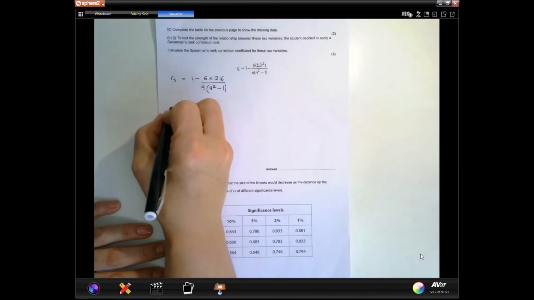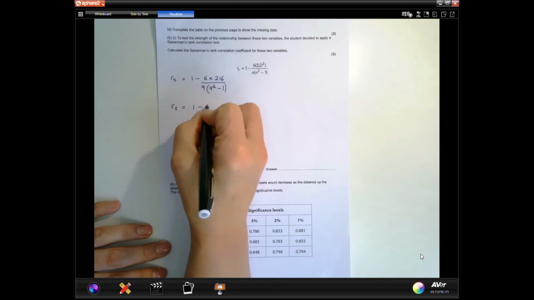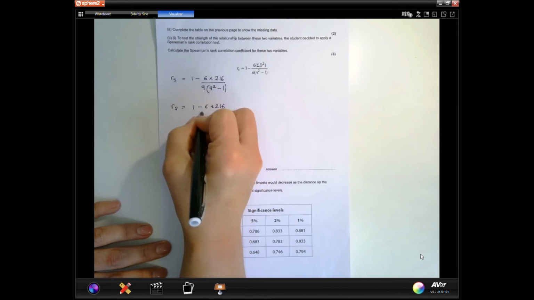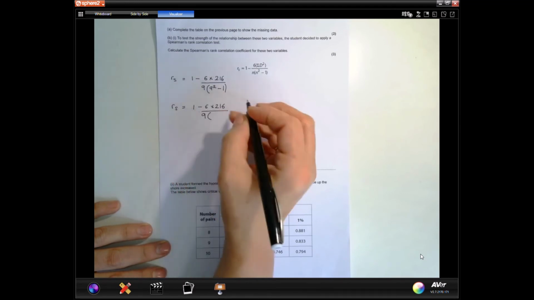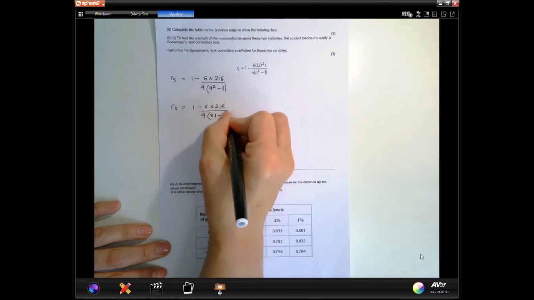Next step, RS equals 1 minus 6 times 216 divided by 9 times, 9 squared is 81, minus 1.